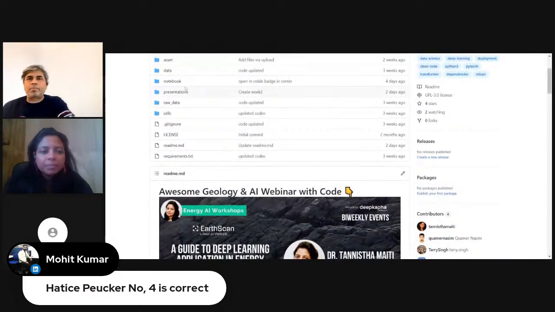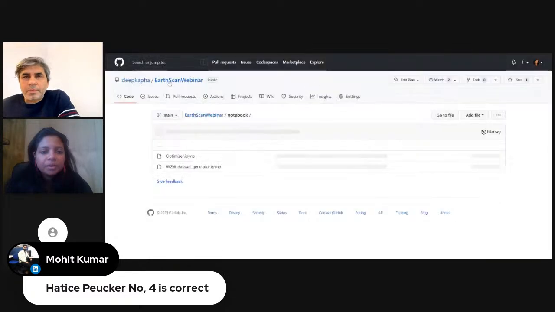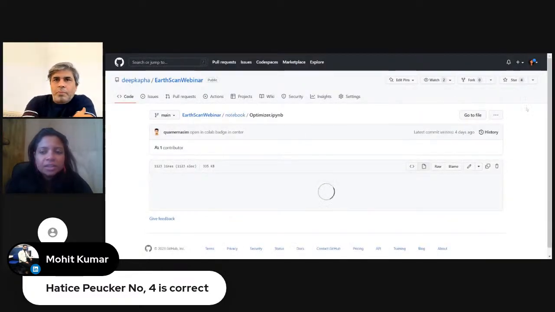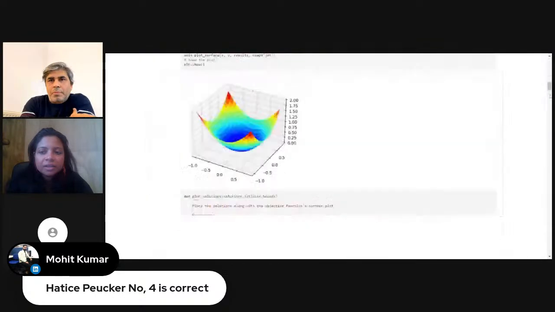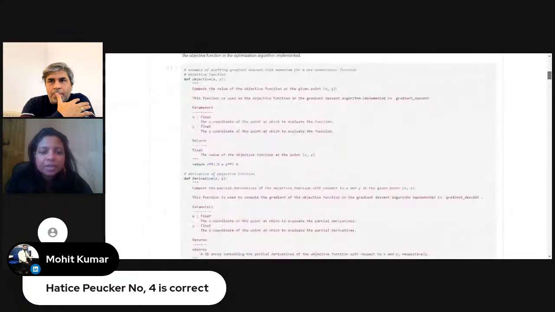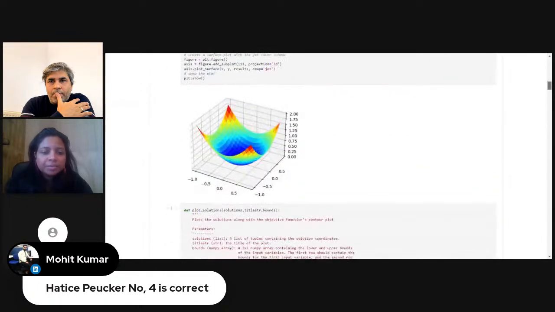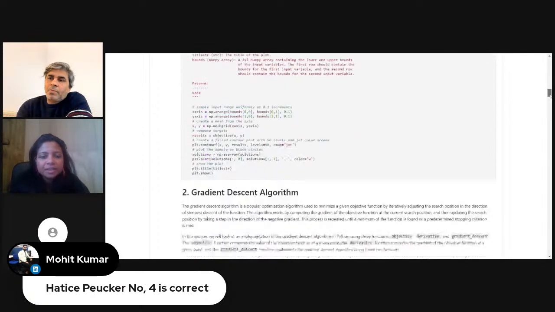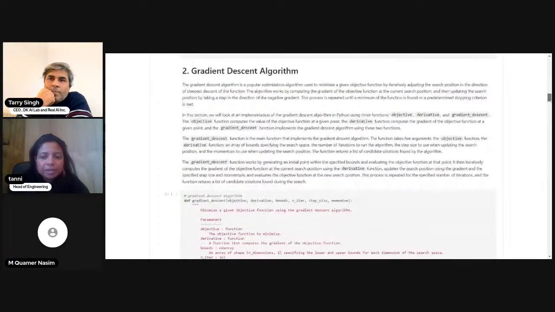We will go to the notebook, and here we created a very simple application. Our objective function is x² plus y². How do you minimize that? This is the objective function that we plotted in 3D. Then we are using all these 4 different optimizer techniques that were described.